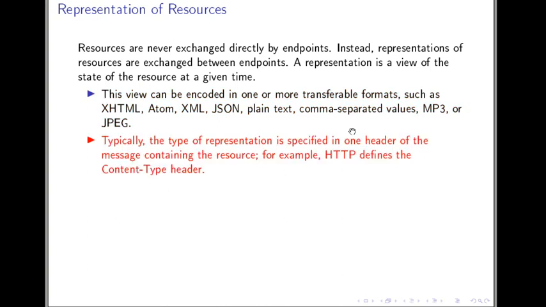Typically, the type of representation is specified in a header of the message, that is the content type. Every time you access any API using curl tools or Python HTTP tools, you will see that it defines the content type header. We define the kind, the type of the resource.